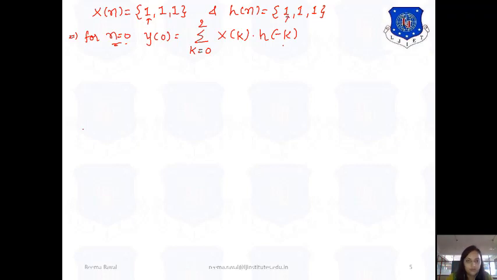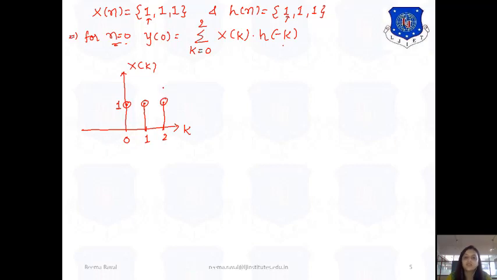So first of all we plot x of k from the value x of n. Okay, so the discrete sequence we plotted like this. Here as you can see, at the 0 instant the value is 1, at instant 1 the value is also 1, at instant 2 again the value is 1.